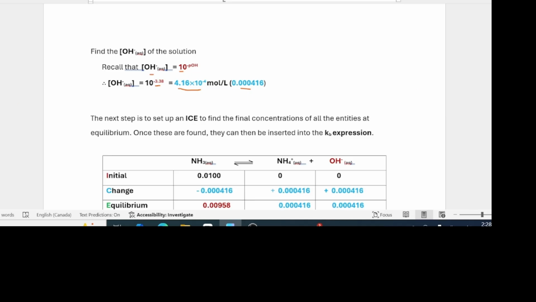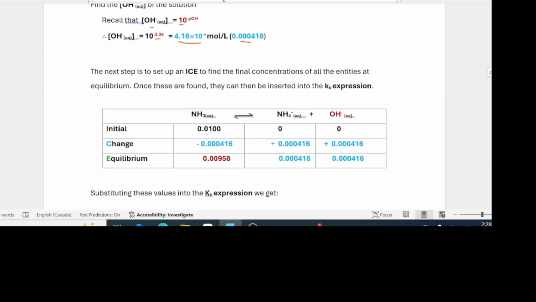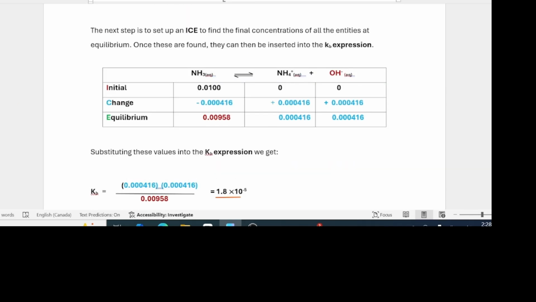Next thing we do is set up our ICE table and insert every known quantity. Initially we have that concentration of ammonia and 0 of ammonium ions and hydroxide ions. We have just calculated this concentration of OH ions in the solution, which is identical to that amount there, and therefore an equivalent concentration of ammonia must have reacted to produce these quantities here.